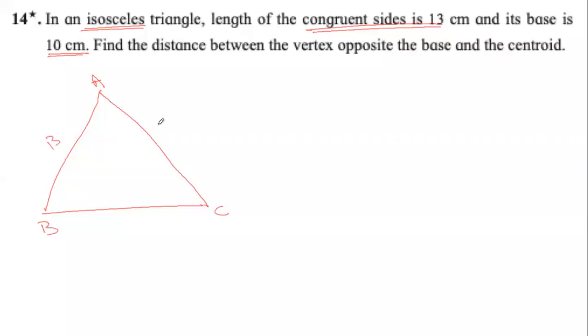So 13 and 13. The base is 10. So BC, the third side, is 10. Then it says, find the distance between the vertex opposite the base. If the base is BC, the vertex opposite to the base is A.